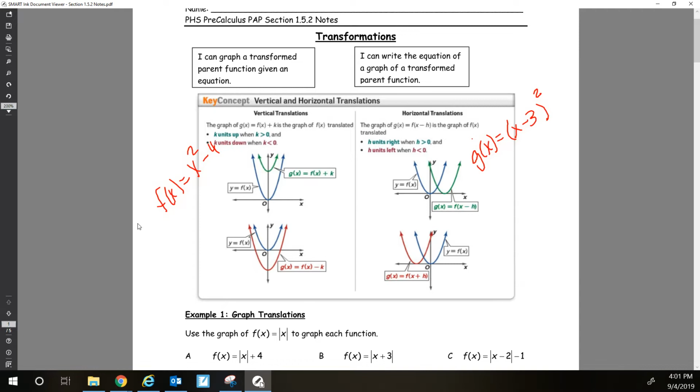It could be up in the exponent, depending on what kind of parent function you're talking about. Remember, also with horizontal transformations, we do the opposite of what they say. I always call my horizontal ones my teenagers that do the opposite of what you ask them to do. So this says go to the left 3, but instead it's going to be shifted to the right 3. If it was a positive 3, instead of going to the right 3, we would go to the left 3.